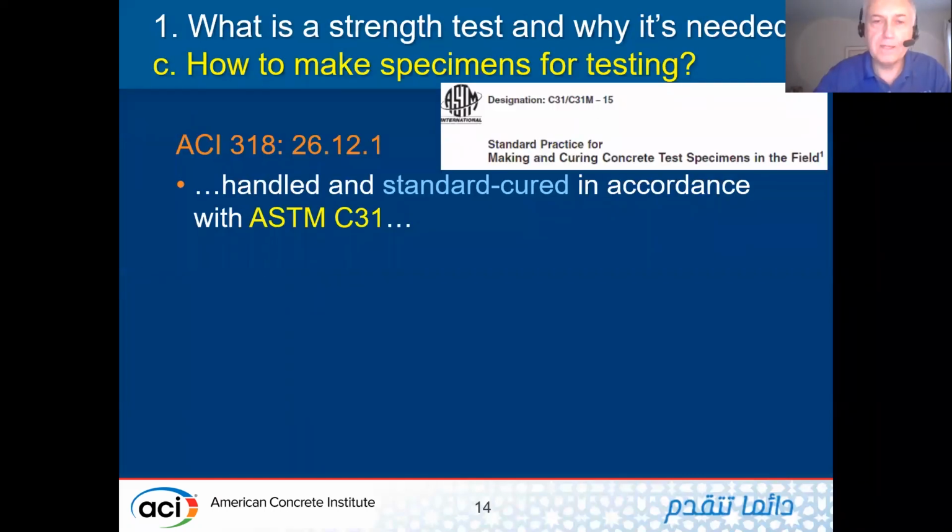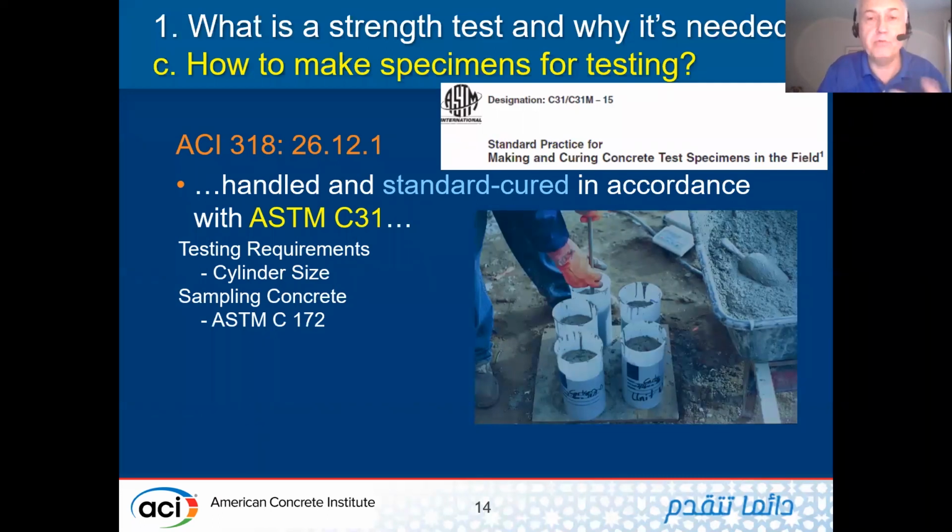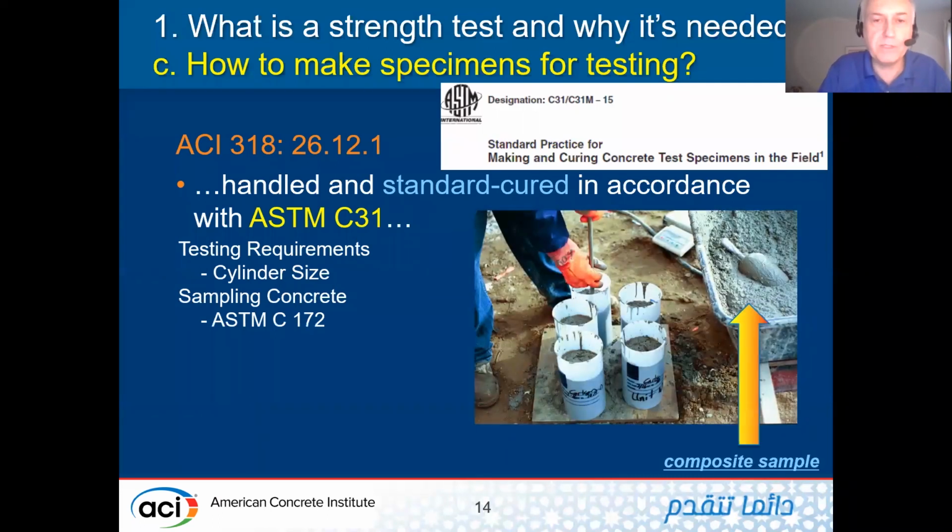The next standard mentioned in the definition is ASTM C31, which is the standard practice for making and curing concrete test specimens in the field. What you find there is all the information regarding testing requirements, specifically what cylinder size to use. It will talk about sampling concrete and will refer back to ASTM C172 that we have just discussed.